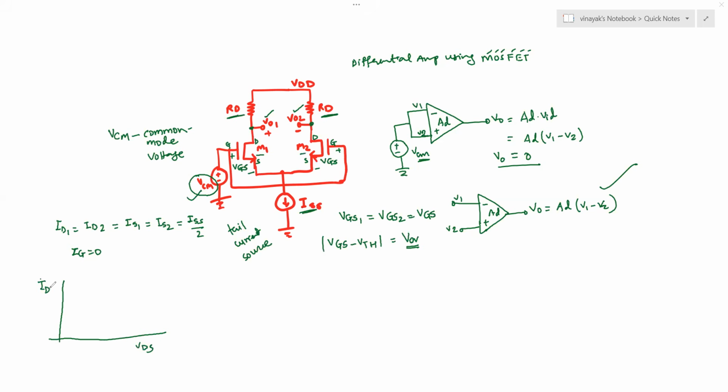So here is your ID versus VDS, and your transistor ideally takes this shape, and the region right to this dotted line is called the saturation region of the MOSFET. The region left to this line is called the triode region or the linear region for the MOSFET.